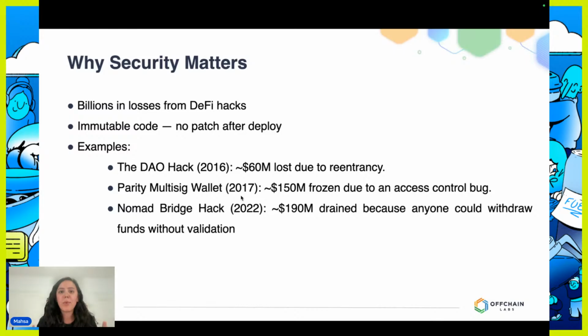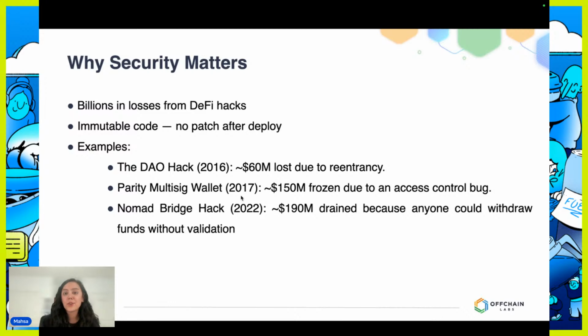If there's any bug in the code, it's not like traditional days where software bugs were patched. Here, it doesn't work like that. Your code sits there forever and you're not able to change that.